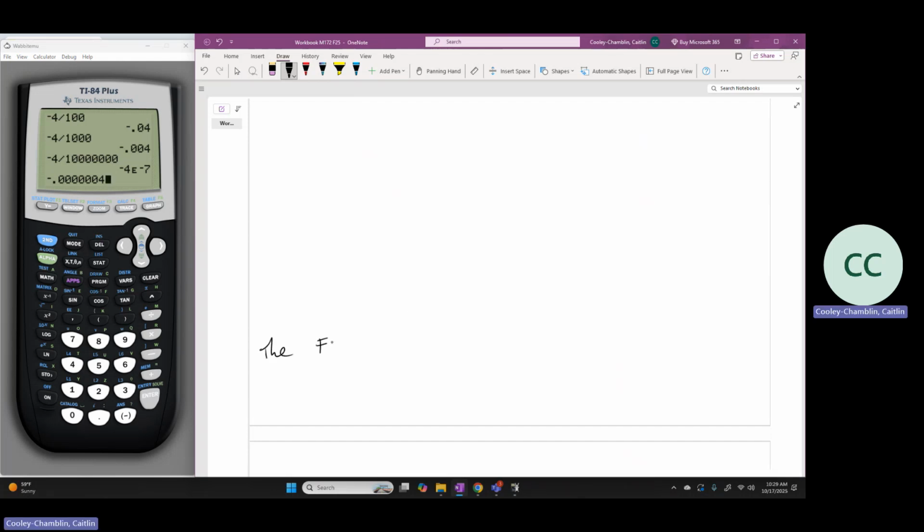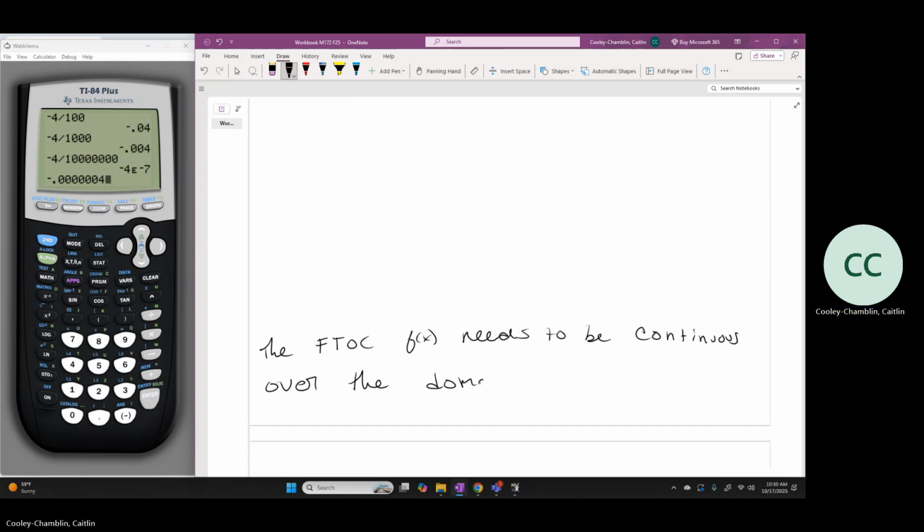The fundamental theorem of calculus states that f of x needs to be continuous over the domain in which you're integrating.